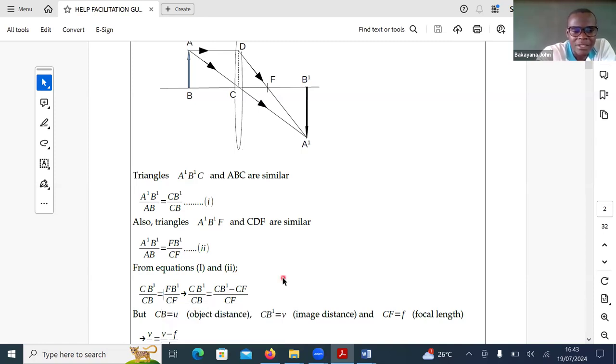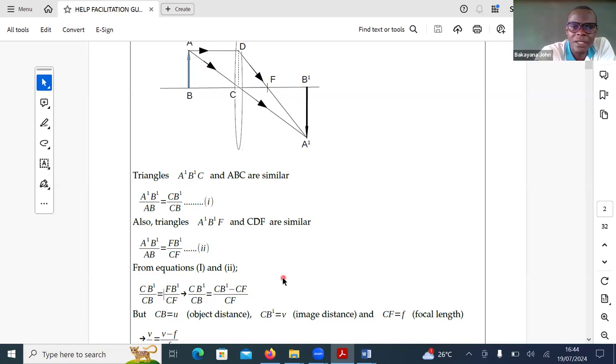Now from this one, we know that CB prime over CB is equal to, what is FB prime? How do I get FB prime?